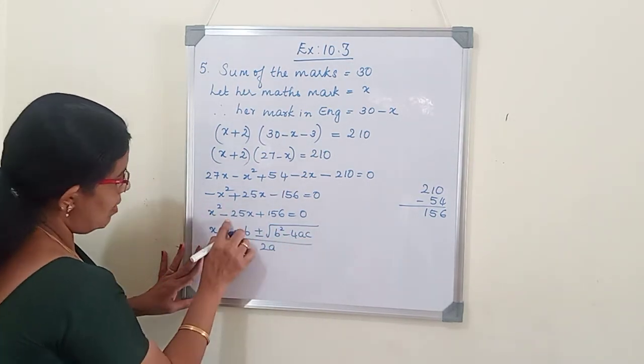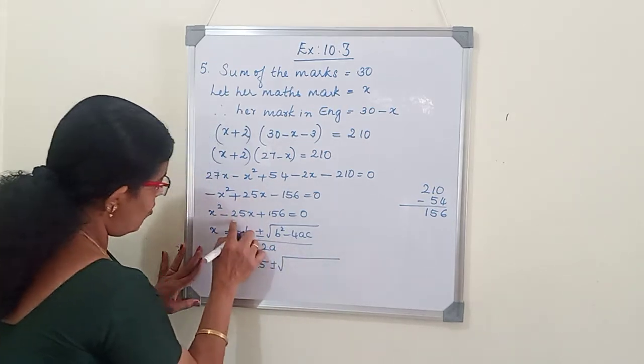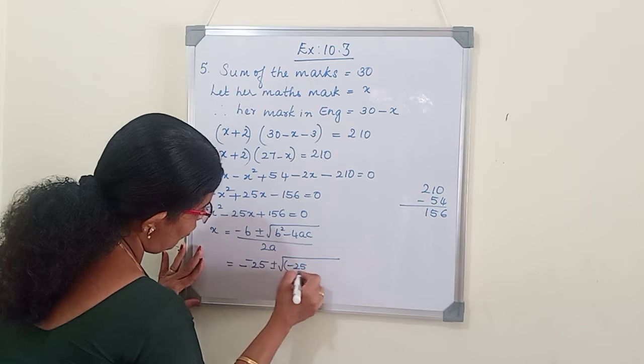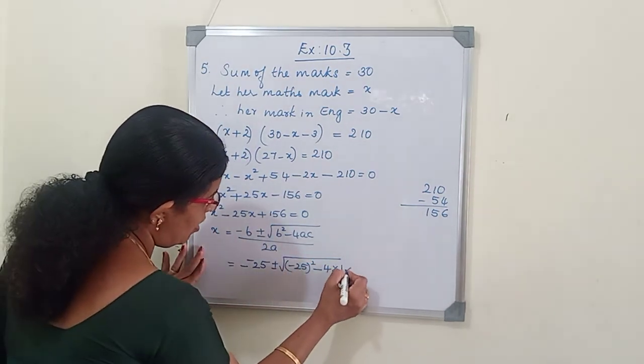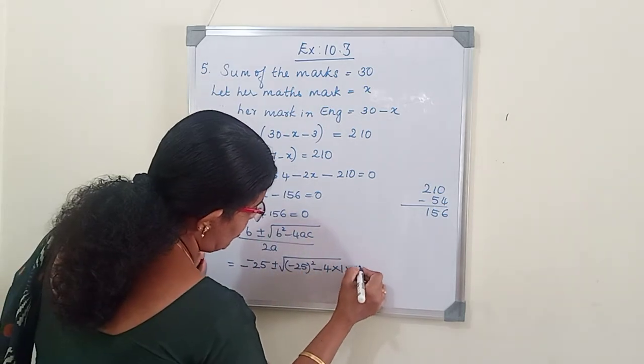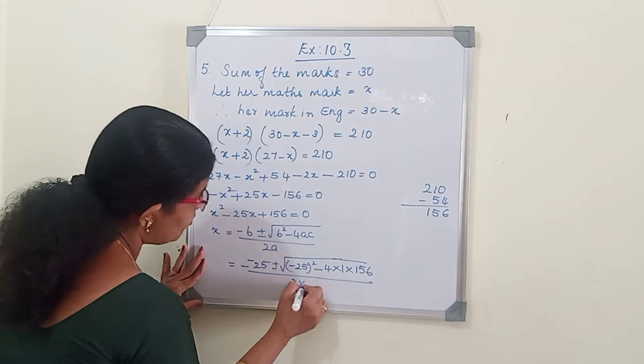So minus b is minus 25 plus or minus square root of b square, 25 square, minus 4 into a is 1, c is 156, by 2a, 2 into 1.